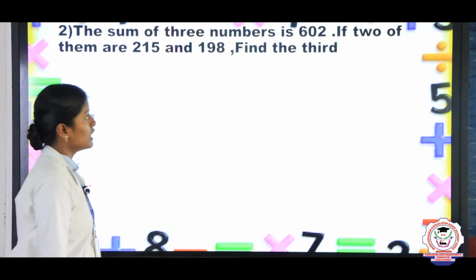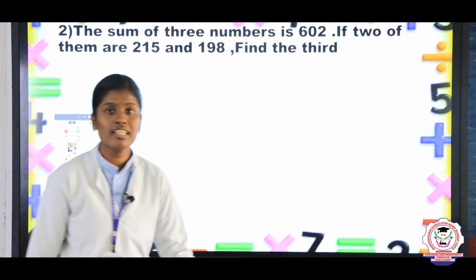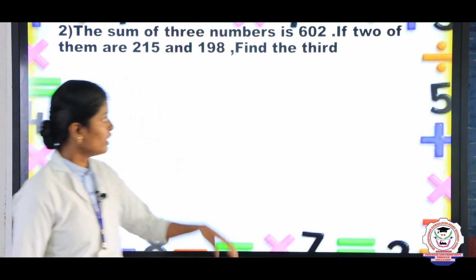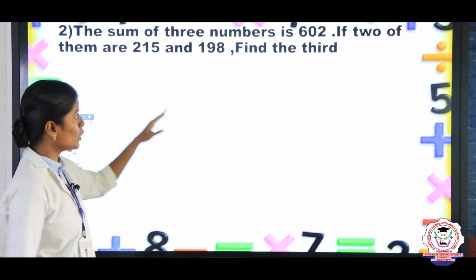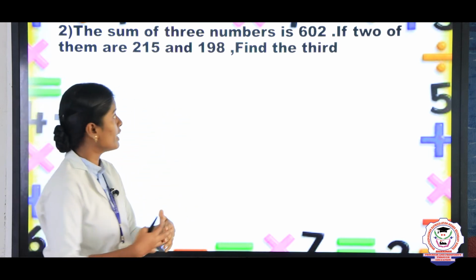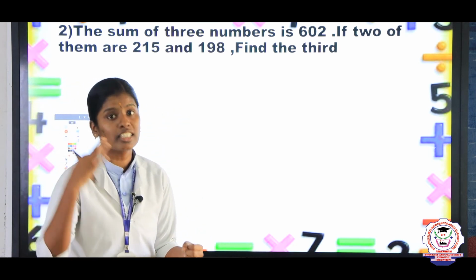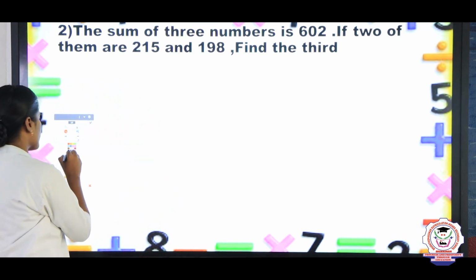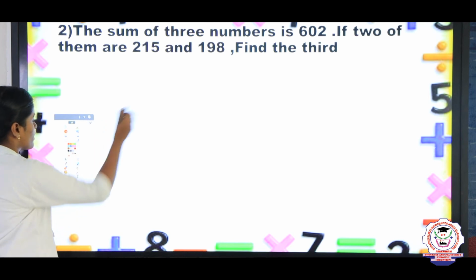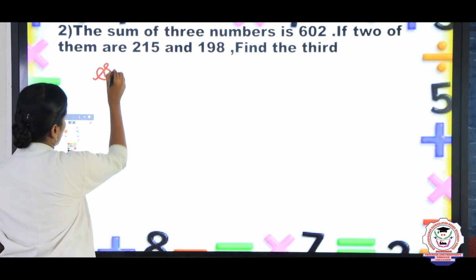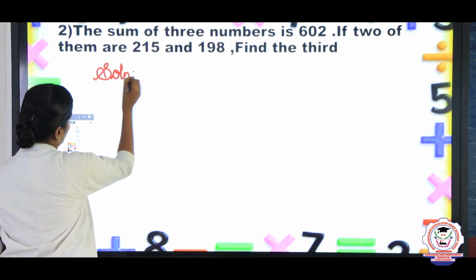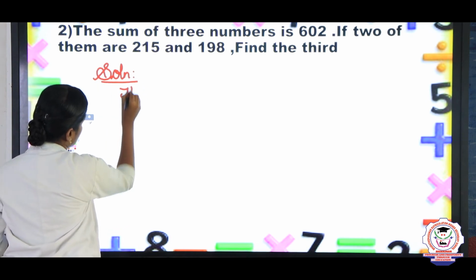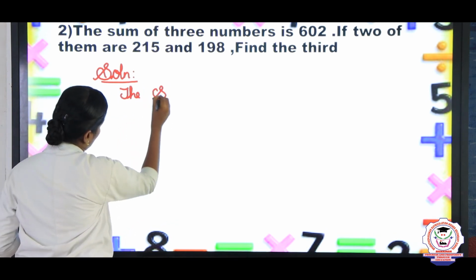Our next question: the sum of 3 numbers is 602. If 2 of them are 215 and 198, find the third number. Okay, so listen here. First we need to write the solution. The sum of 3 numbers.